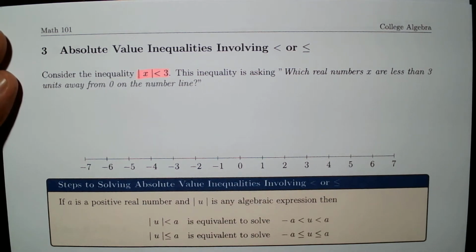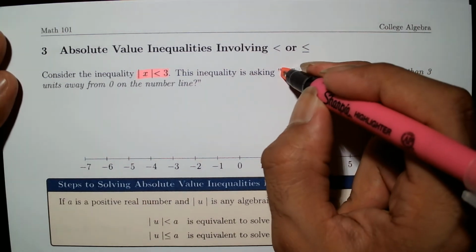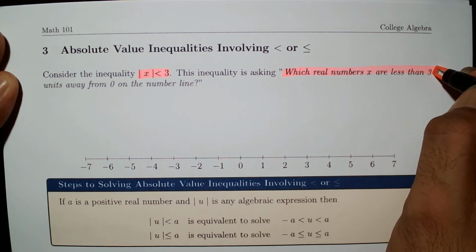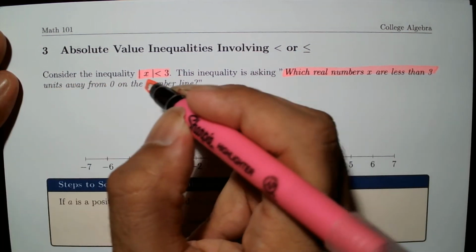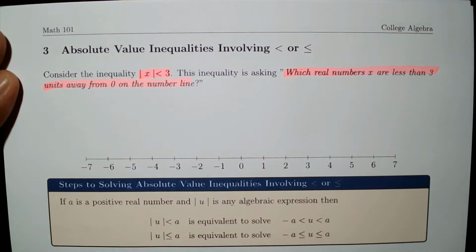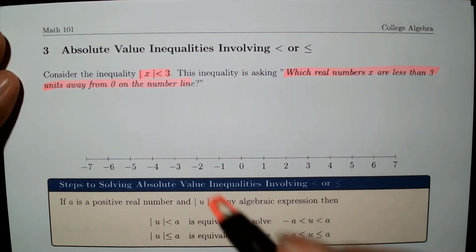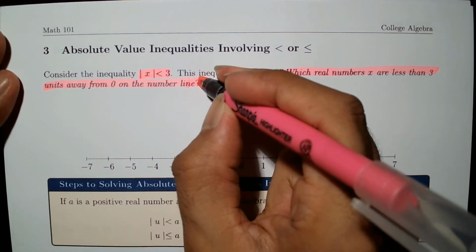This inequality is asking which real numbers are 3 or less units away from 0 on the number line.